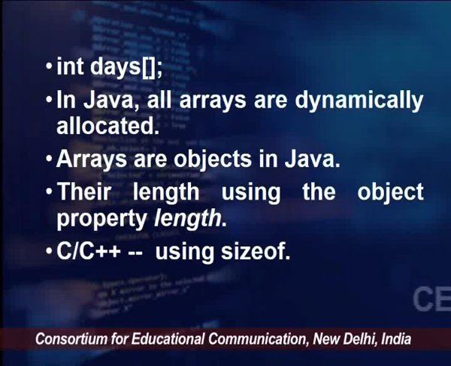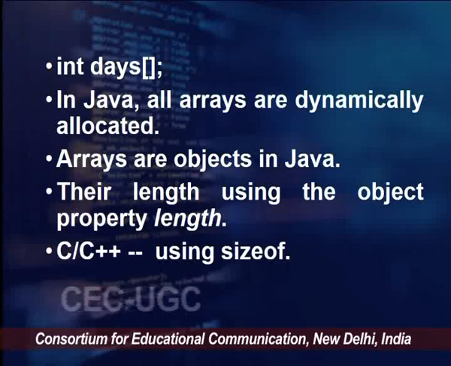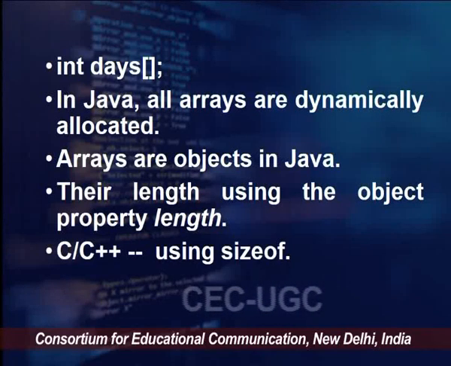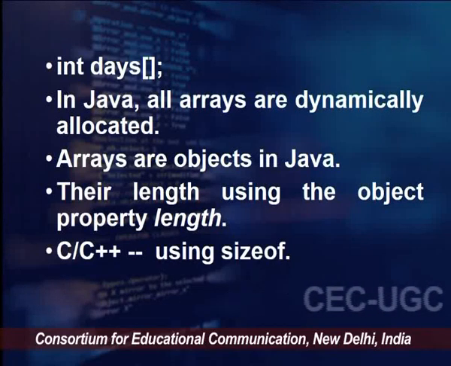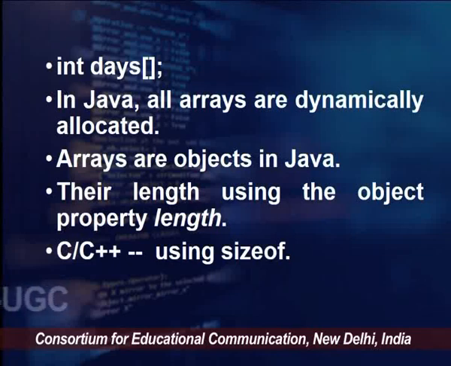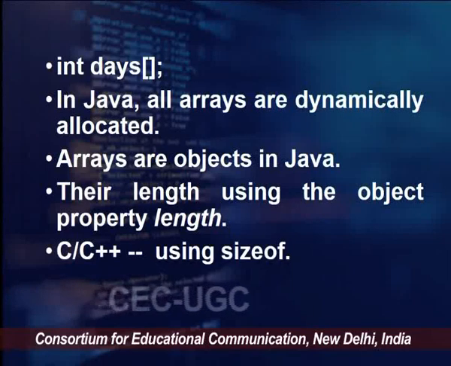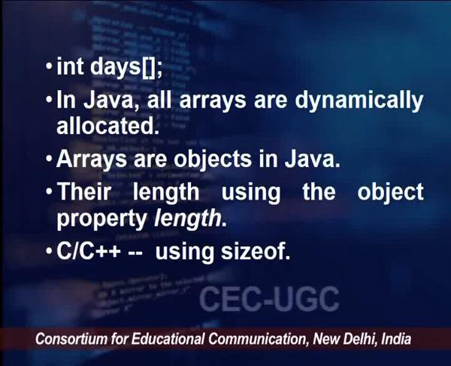Arrays, when being treated, are treated as objects in Java. They are not treated as primitive types. In C and C++, they are treated as arrays of integers, and they are treated as primitive types. And because of that, in order to determine the size or the number of elements, we use the sizeof operator.